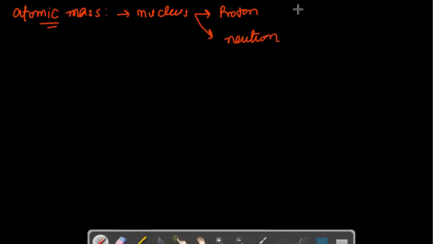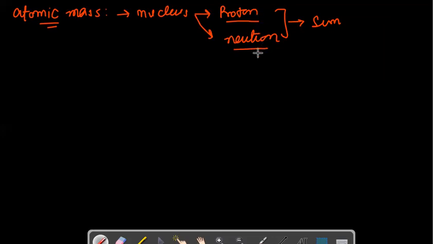So whenever you talk about the atomic mass, the atomic mass basically is the sum of the mass of the proton and the mass of the neutron, which is present in the nucleus of that atom. It isn't necessary that the number of the protons is equal to the number of the neutrons in the nucleus.